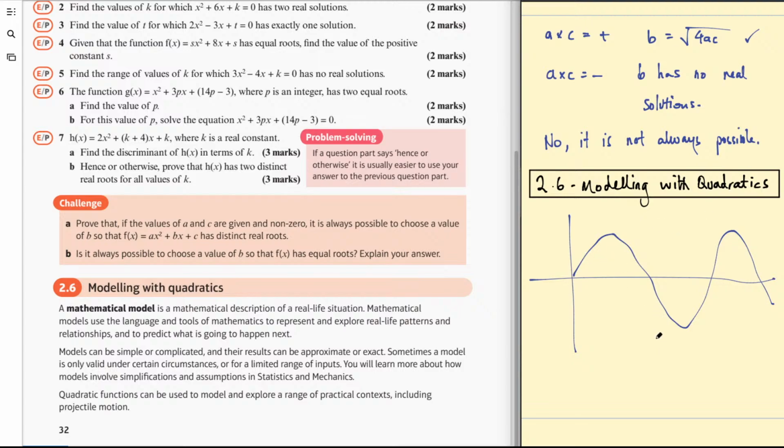And that's sort of how I believe the computers that create the sound, like the sound engineers and things, work, although I'm not an expert there, so don't ask me for further details. So modeling is a really useful, really powerful part of mathematics, and we're going to introduce ourselves to it here with quadratics. But just be aware that you can model many different things with mathematics.